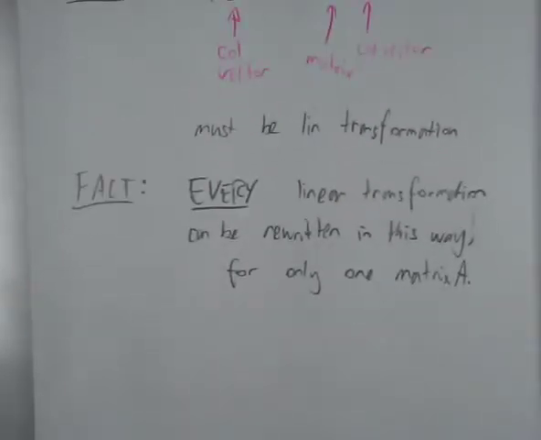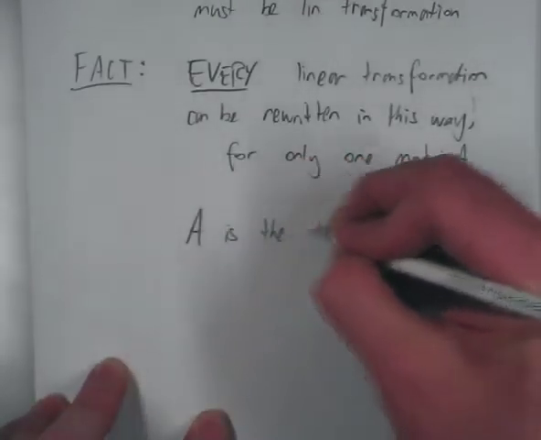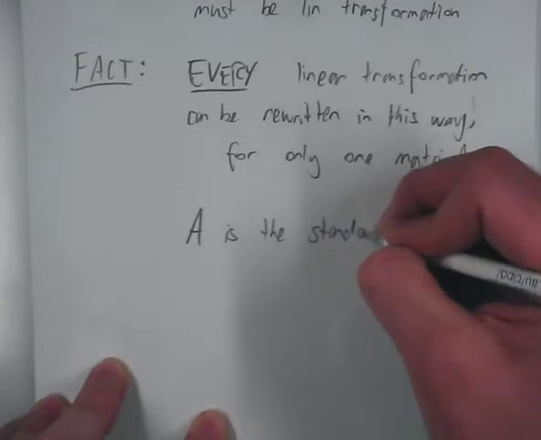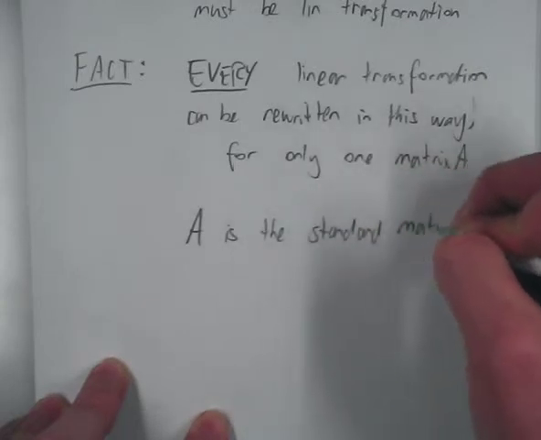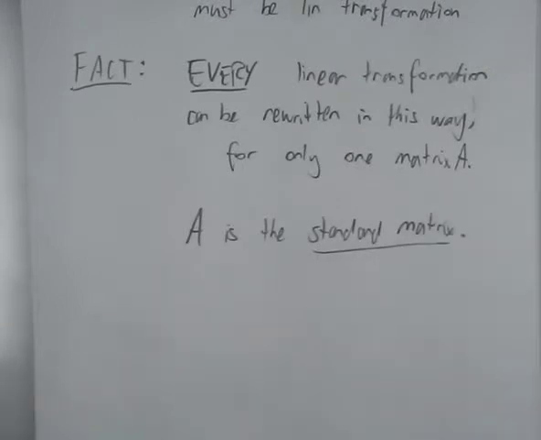There is only one. No matter what linear transformation you've got, there is only one way to write it as a matrix multiplication. And that matrix is called the standard matrix. It's funny that it's called the standard matrix because there's only one.